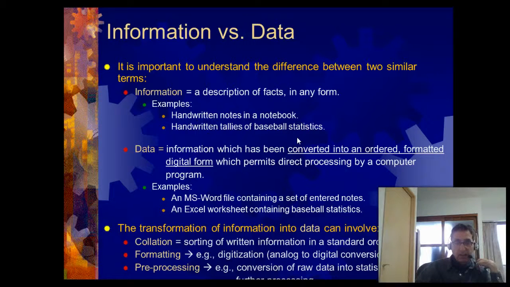Tallies means like how many people got this and how many people did this and so on, and data, which is then converted into an ordered, formatted digital form, so which permits direct processing by a computer. So if it's handwritten on a notebook, you can't really process it directly using a computer, usually not. So examples are Microsoft Word files containing a set of entered notes, and an Excel spreadsheet containing baseball statistics.